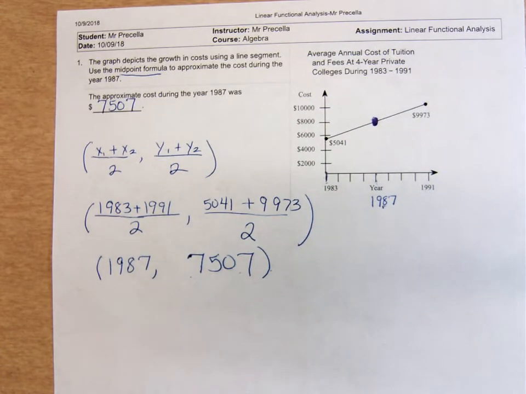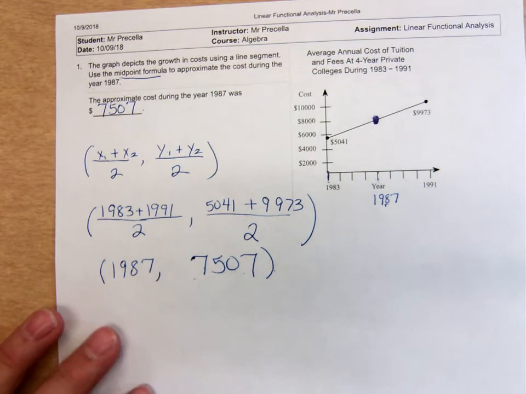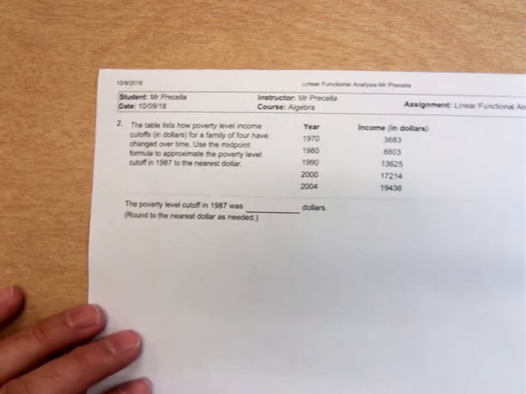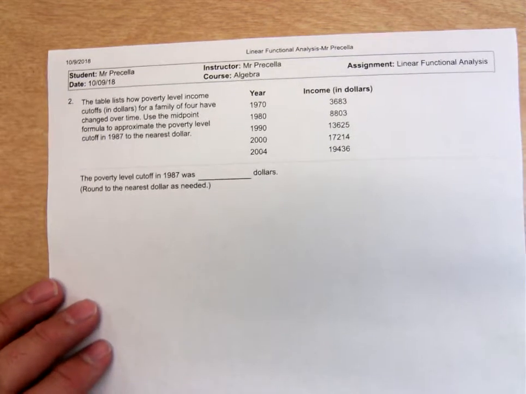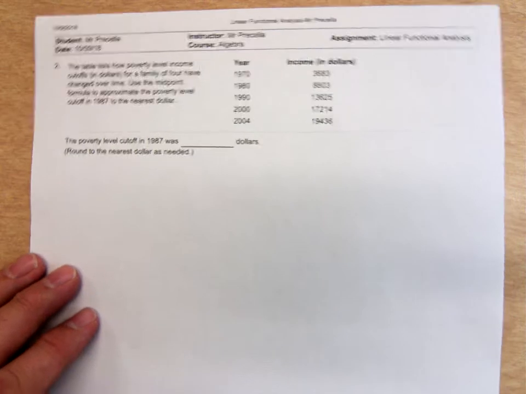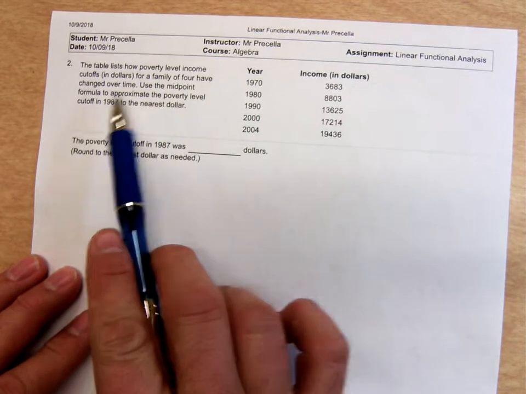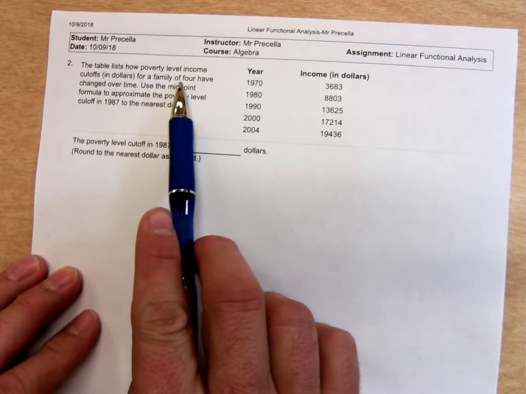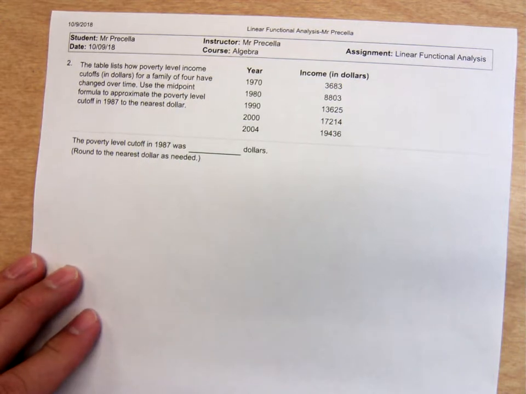I think the next problem is something similar. It says, the table lists how poverty level income cutoffs in dollars for a family of 4 have changed over time.